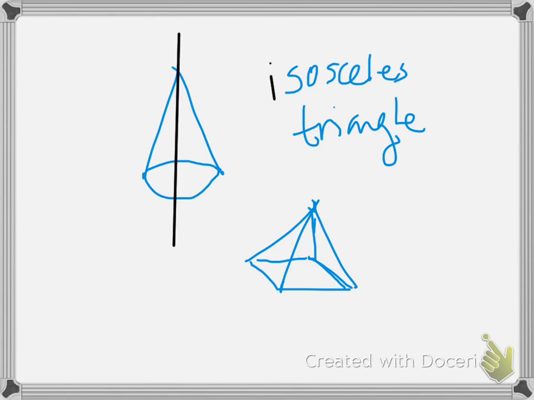All right. So we're cutting this perpendicular to the base. We're not having it go through the vertex. We're cutting off a side.